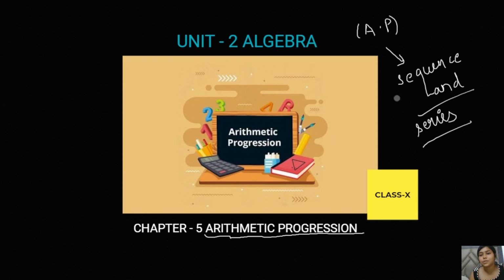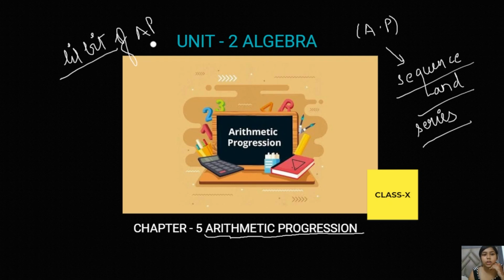This is covered very briefly in your class 10th. In class 11th, you will have a detailed explanation chapter for arithmetic progression, AP, as well as GP, that is geometric progression. But in class 10 there is only a little bit of AP: what AP is and the common terms, like what D means, what N means, and what SN means.